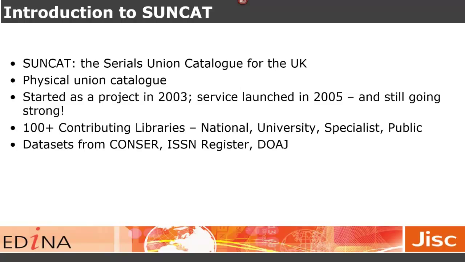The SUNCAT contributing libraries also have a wide geographic range, from Inverness in the north of Scotland to Cornwall in the southwest of England, and we even have a couple of libraries in Antarctica and South Georgia.